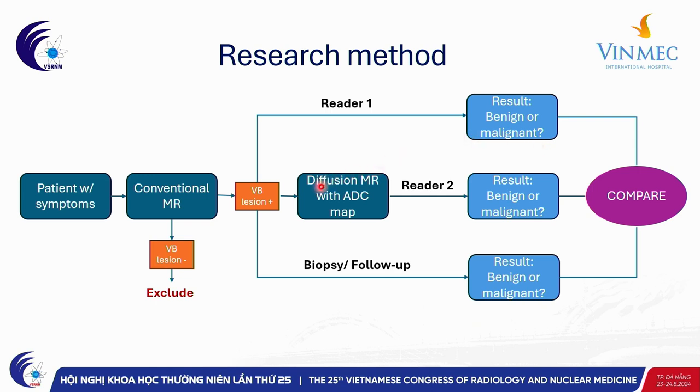Then we perform the diffusion MR with ADC map, and we send it to the second reader to analyze it with the combination of the conventional and the diffusion imaging. And then we follow up, or we do the biopsy for the patient, and then we compare these 2 groups of results.